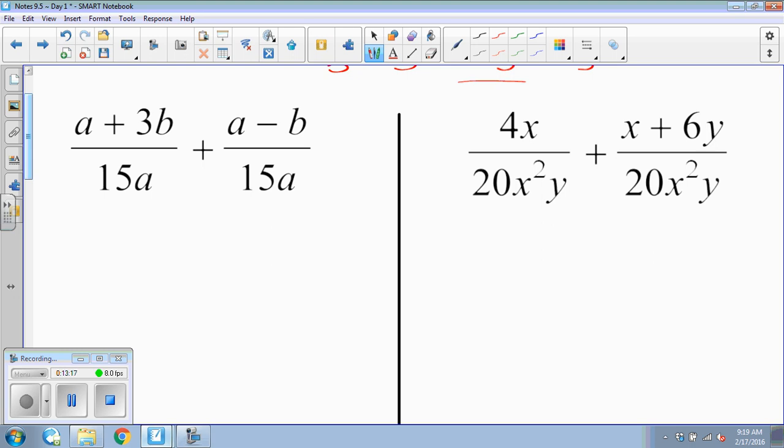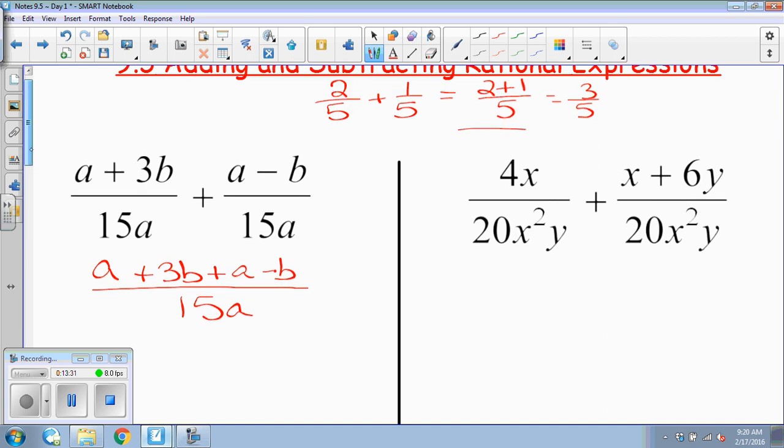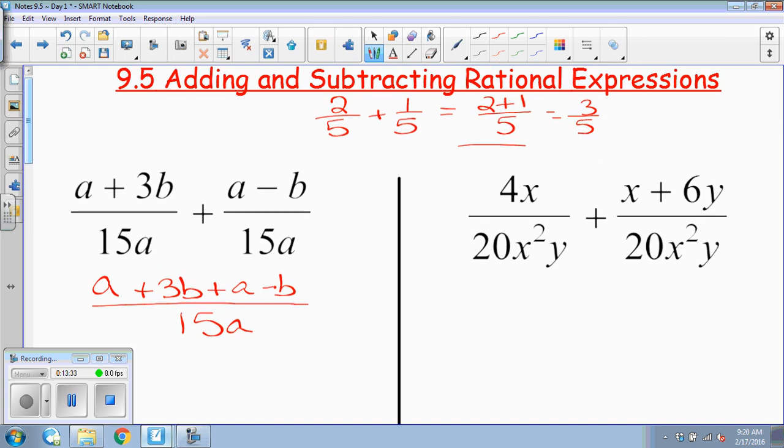But I want you to pay attention to this. Because this is a plus, it doesn't affect these. So we have a plus 3b plus a minus b all over our denominator, which is 15a. Just like up here, we just wrote our denominator once. We do the same thing down here.